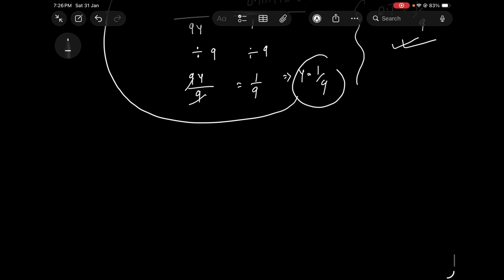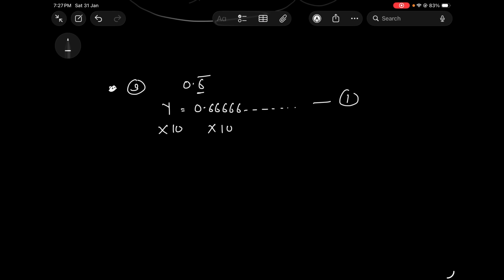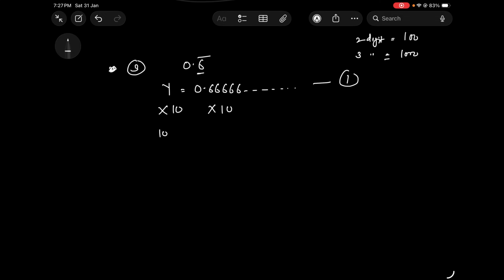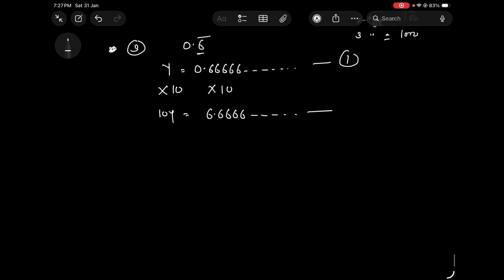Let's take question number 3, 0.6 recurring. We assume y is equal to 0.66666 dot. This is our first equation. Now how many digits are recurring? Only one digit recurring, so we multiply with 10. If two digits, then there must be 2 zeros, so we multiply by 100. If 3 digits, then there must be 3 zeros, so we multiply by 1000. Here 1 digit, so multiply by 10. It becomes 10y and this becomes 6.6666 dot.